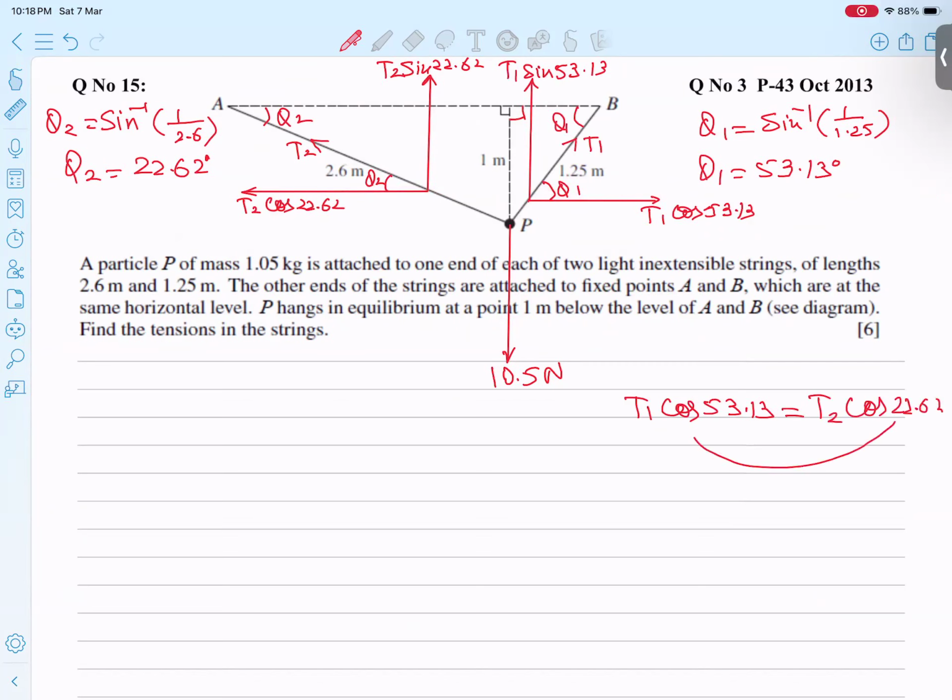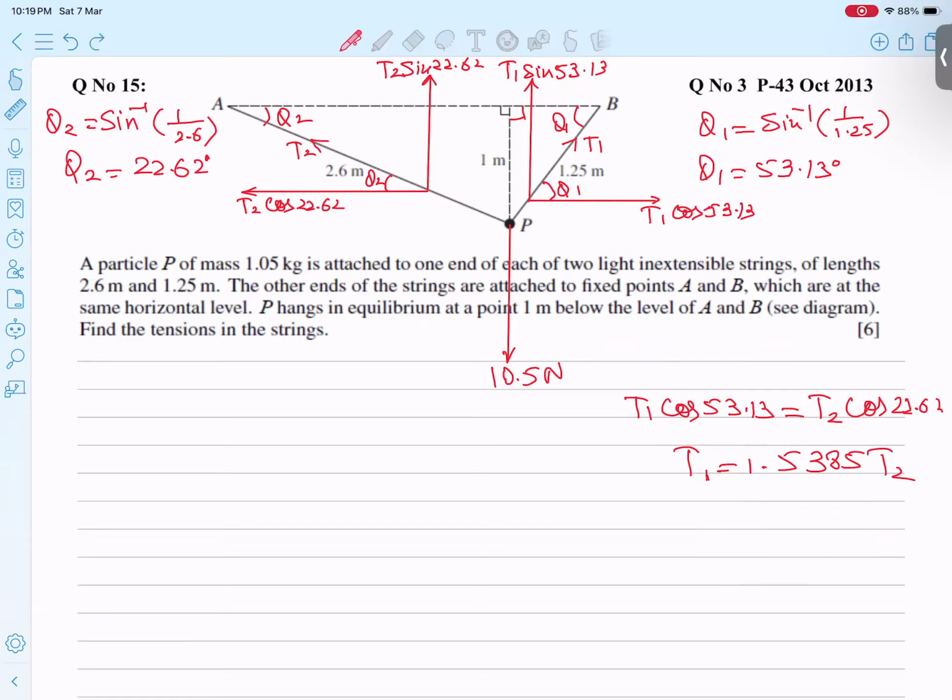I'm writing it down here: T1 equals T2 cos 22.62 divided by cos 53.13. Basically, I'm dividing the right side. So T1 is 1.5385 T2.